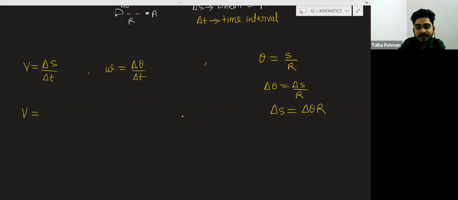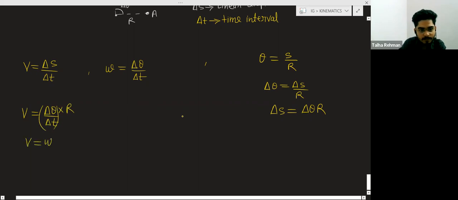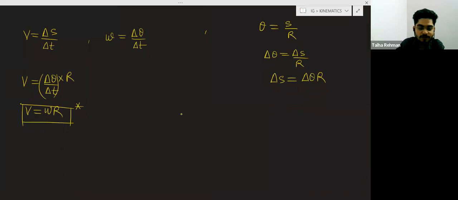When we put delta S here, we will get delta theta into r divided by delta t. And what is this delta theta by delta t? Omega. So this is the relation between the linear and the angular velocity.